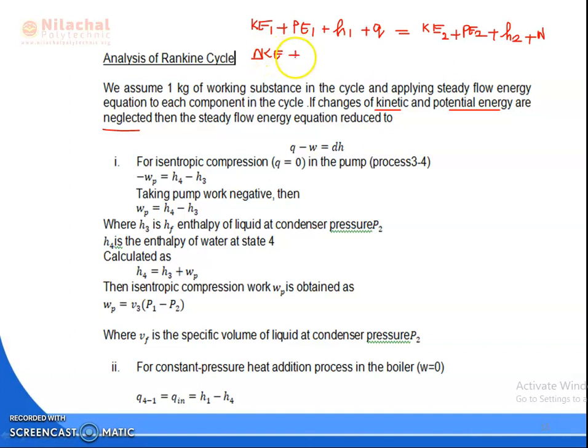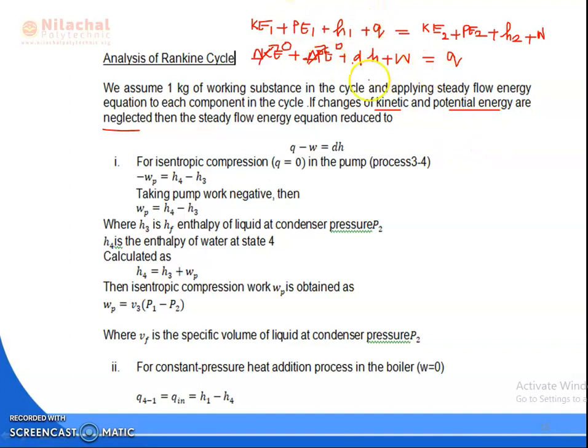Change in kinetic energy, plus potential energy at outlet minus potential energy at inlet, that is the change in potential energy, plus H2 minus H1, that is the change in enthalpy dH, plus W, that is equal to Q. We know that here the change in kinetic energy is equal to 0 and the change in potential energy is equal to 0.